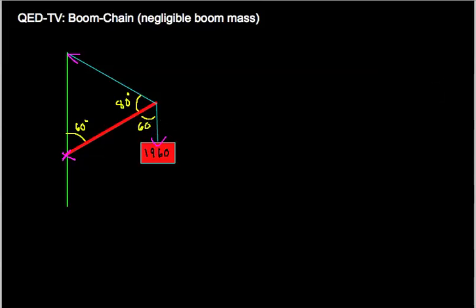Okay, so first of all we're going to resolve these two forces into parallels and perpendiculars, or horizontals and verticals. Now it's not going to look horizontal and vertical because our boom is at an angle here, but I can take this force and say that this force is really the same as a force going perpendicular to the boom, like so, and parallel to the boom, like so.